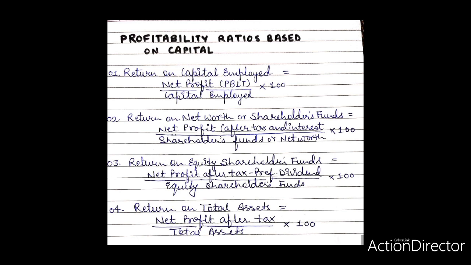This is considered to be a better measure of profitability for inter-firm comparison and is expressed as a formula: net profit after tax minus preference dividend divided by equity share capital, which is paid up capital, multiplied by 100. Components.